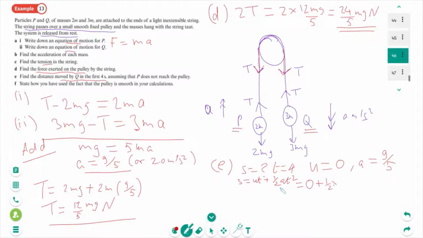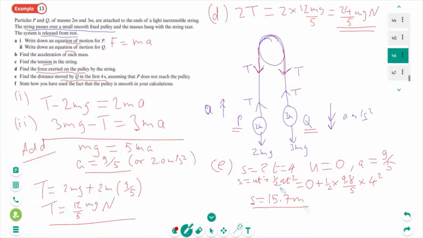Half times, the value of g we can use now, 9.8 over 5 times t squared, 4 squared. You work that out on a calculator to get 15.7. So particle P will fall 15.7 meters in 4 seconds.